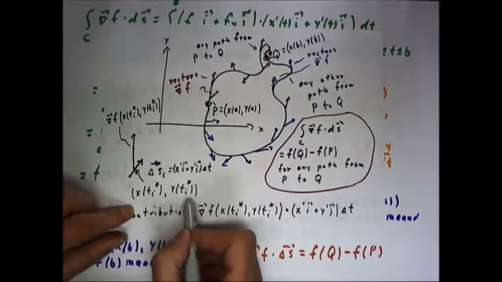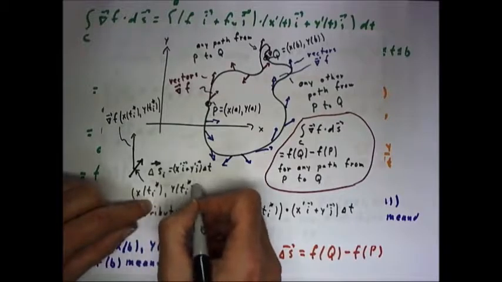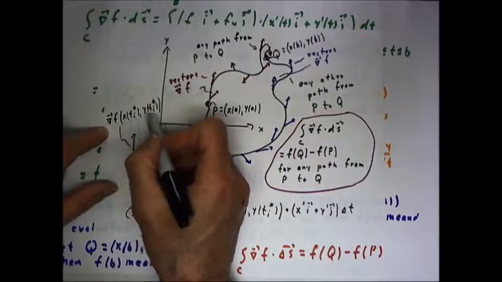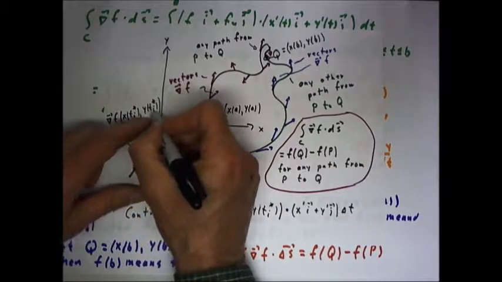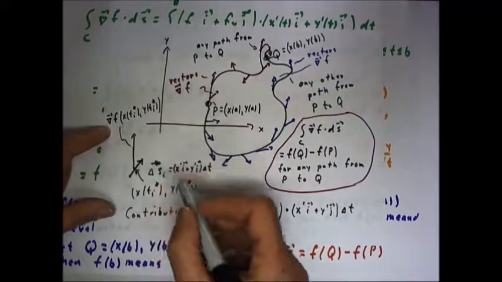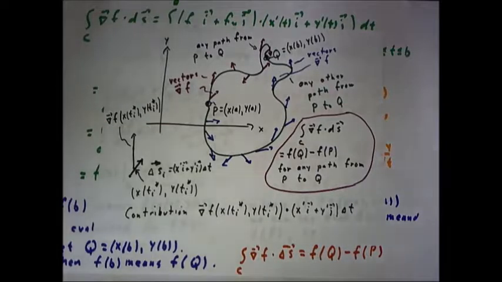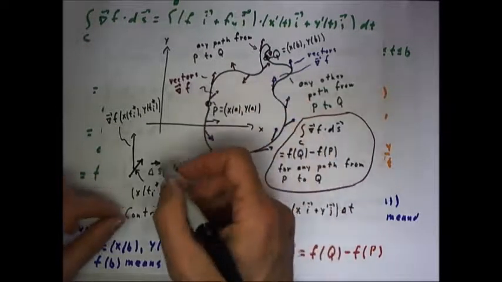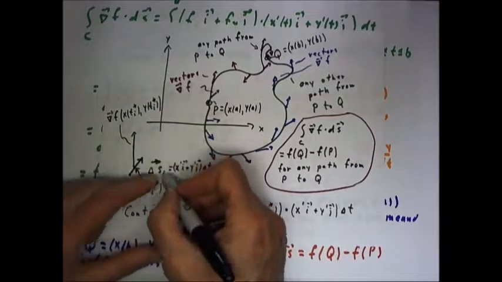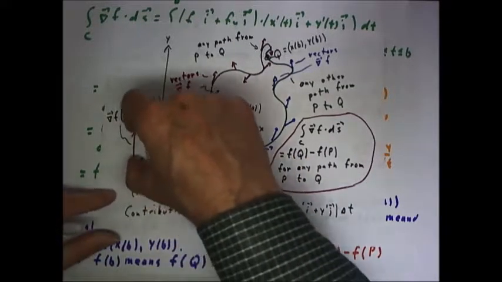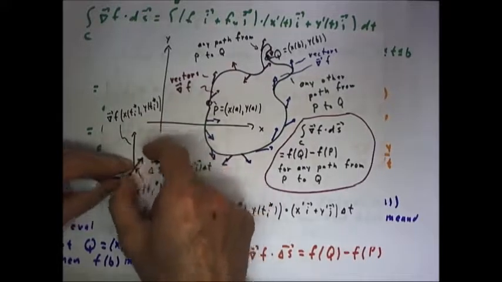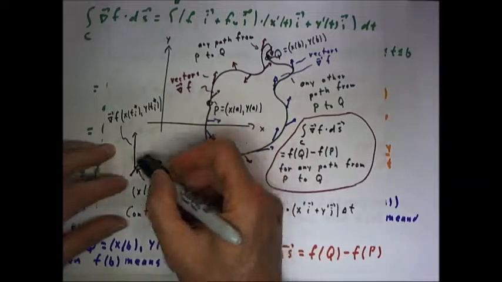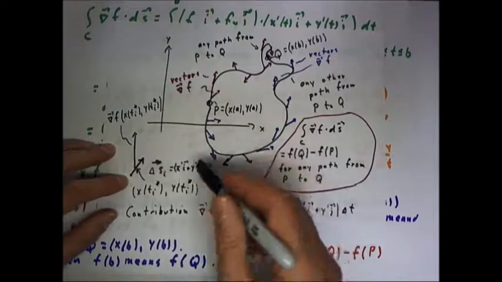We have an x of ti, y of ti, ti star at the sample point. We've evaluated del f at the sample point by evaluating x and y at the sample point, feeding those into the function. And we recall that the integral of del f dot delta si just means we're taking the component of del f in the direction of delta si, projecting it onto delta si, multiplying by delta si.